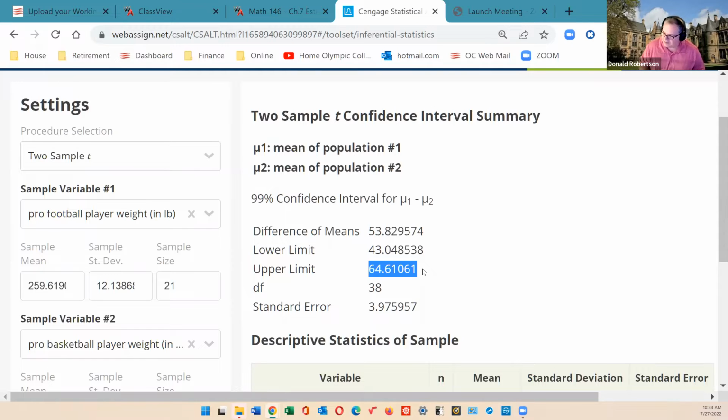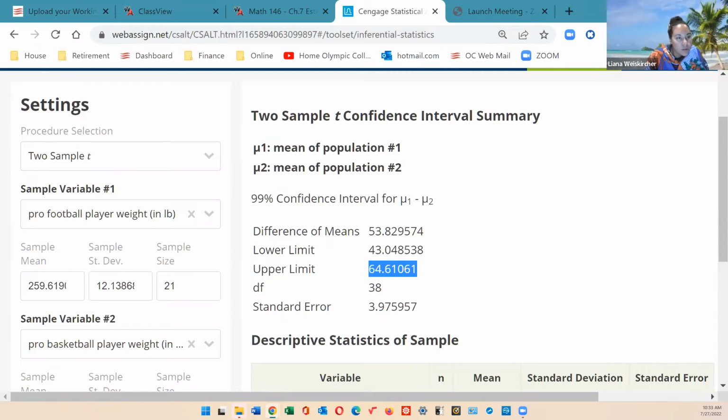It's done. If the interval is two negative numbers, haven't you proved that the first population has a mean that's smaller than the second? That's also true. And if you get an interval that has positive and negative numbers in it, the answer is, we don't know yet. Could be one, could be the other. Can't tell you. No evidence one way or the other.